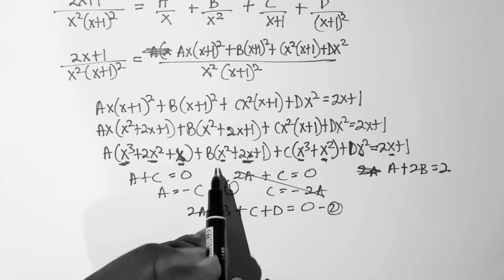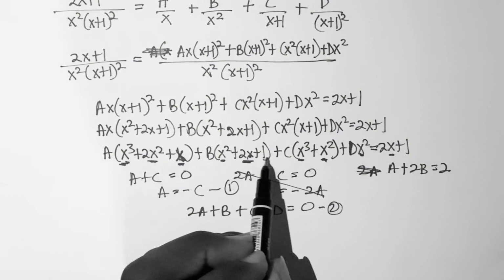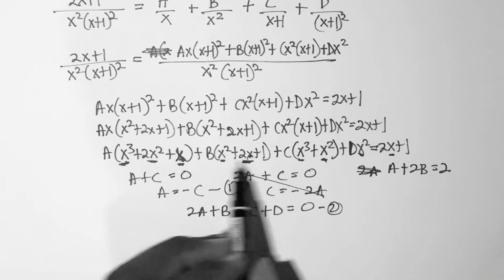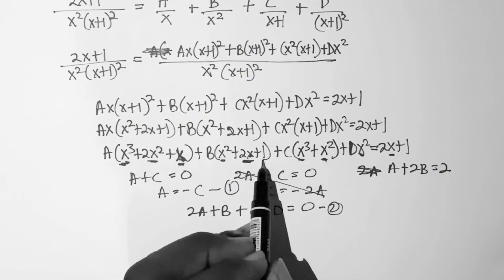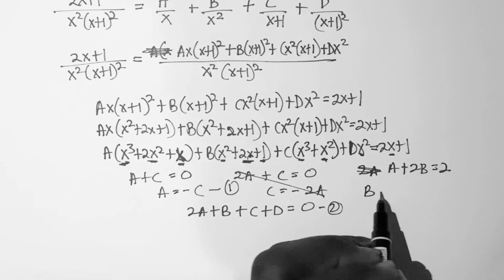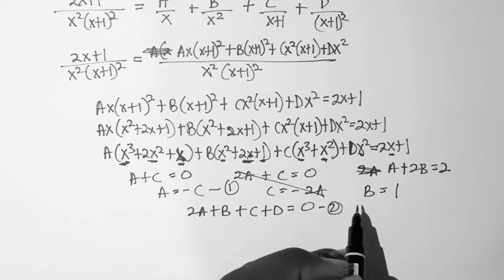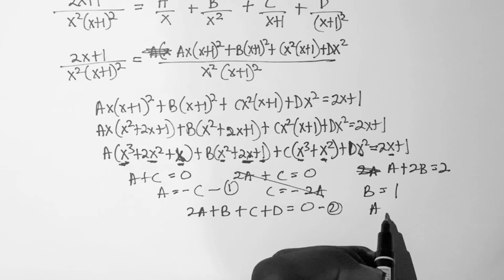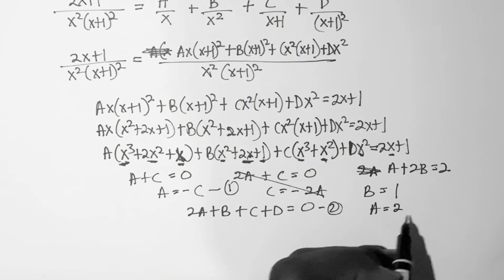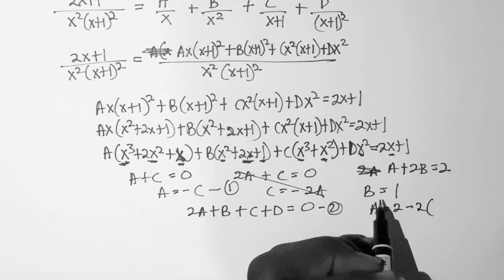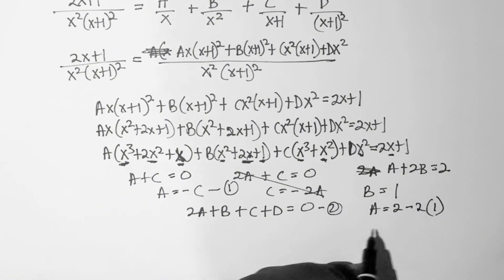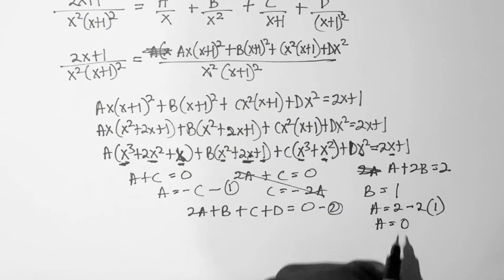And when it comes to the terms without x, there's no other place except this term. So we see that b is equal to 1 and a plus 2b is equal to 2. So a is equal to 2 minus 2 times b, which is 1. Therefore a is equal to 0.